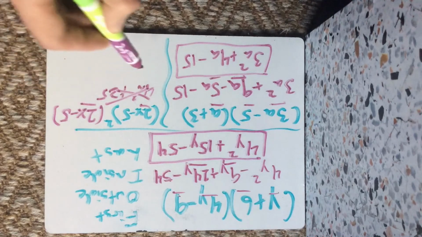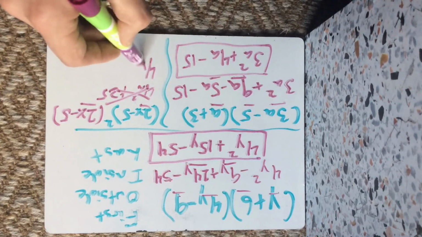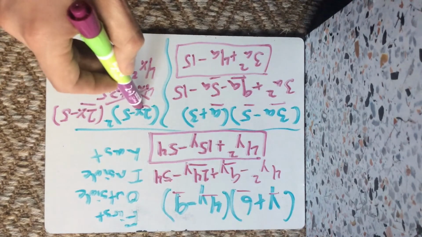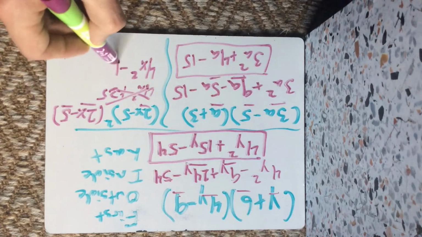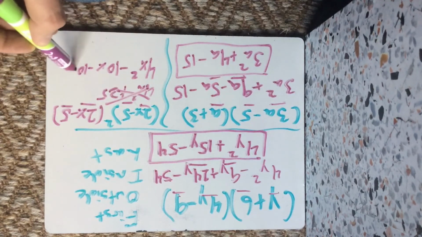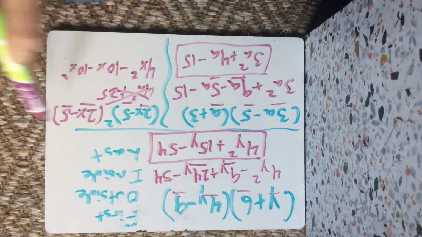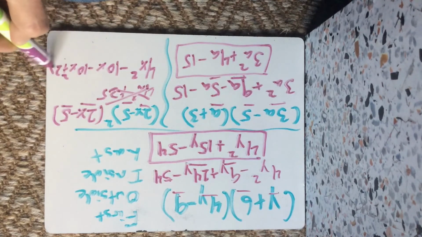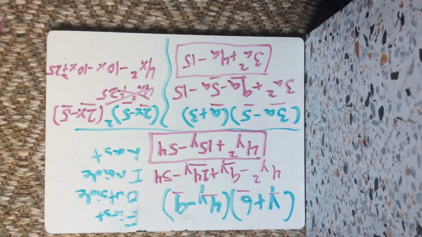I can use my FOIL, first, then outside, then inside, and finally last of each. Then I can add like terms. So I should not have a squared there, sorry.